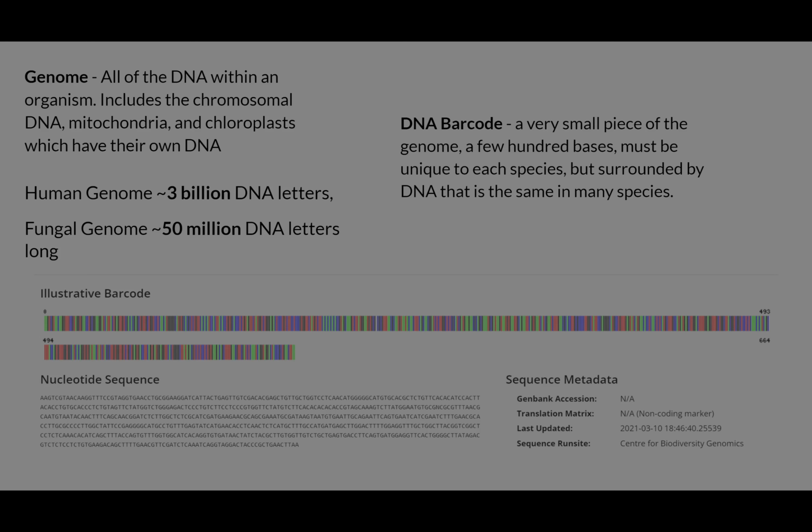The DNA sequence within it is mostly arbitrary for our purposes. What we're doing is comparing the same region of the DNA between two different species. And a good DNA barcode changes just often enough that there are differences between the DNA barcode for two different species.